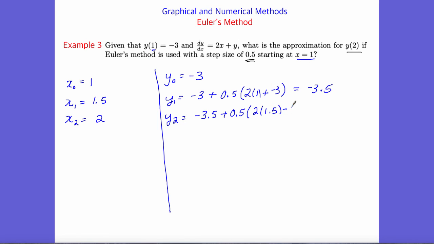My y value is negative 3.5, so it's going to be minus 3.5. Close that off, and when I estimate that, I get approximately negative 3.75.